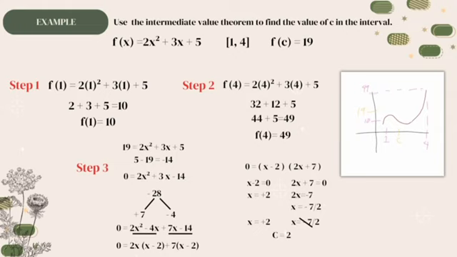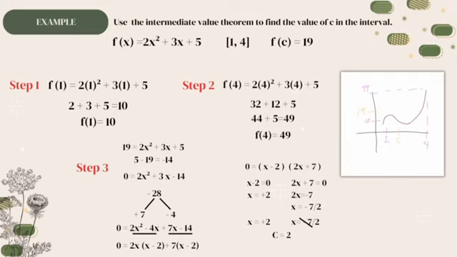Now we have here an example of the intermediate value theorem to find the value of c in the interval. So we have here f of x is equal to 2x squared plus 3x plus 5, and our interval naman is 1 and 4, and our given f of c is 19. Anong gagawin natin to find the value of c?